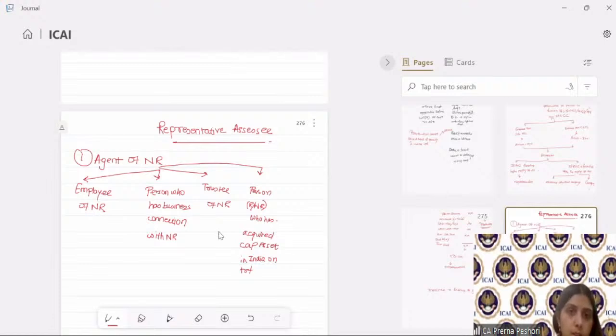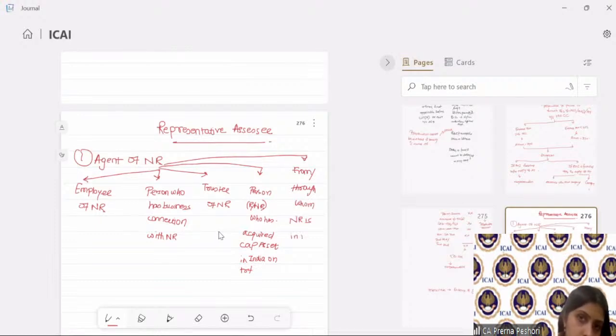And the last one, from or through whom the non-resident is in receipt of income, directly or indirectly.